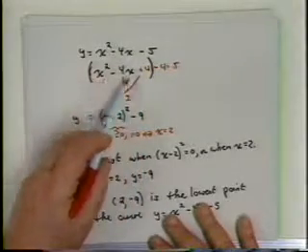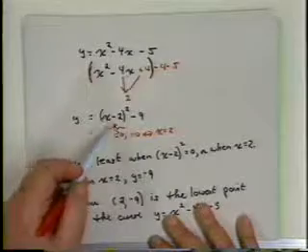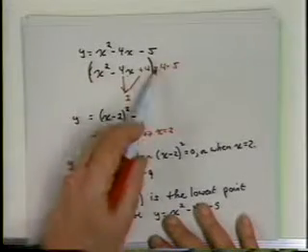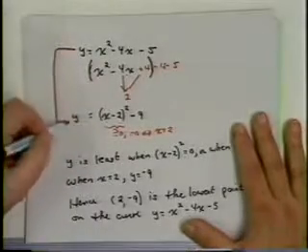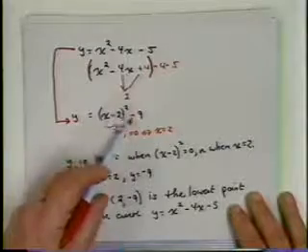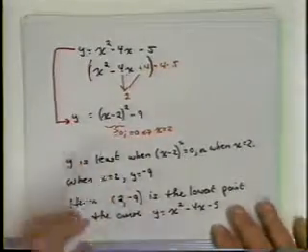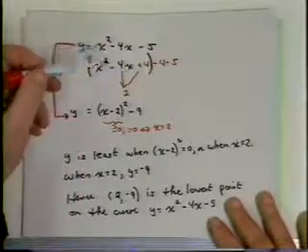Well, see, x squared minus 4x plus 4 is a perfect square. It's what? x minus 2 squared. And minus 4 minus 5 is minus 9. So another way of writing this in terms of completing the square is that y is equal to x minus 2 squared minus 9.